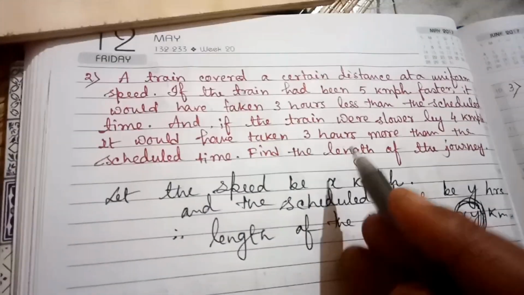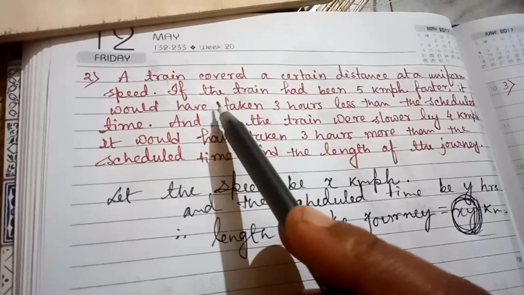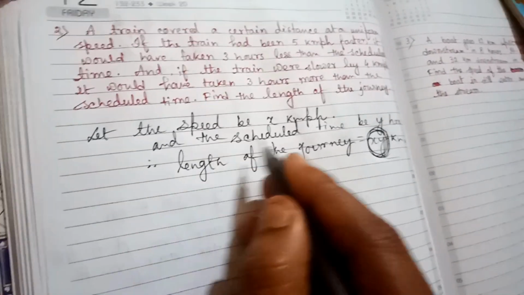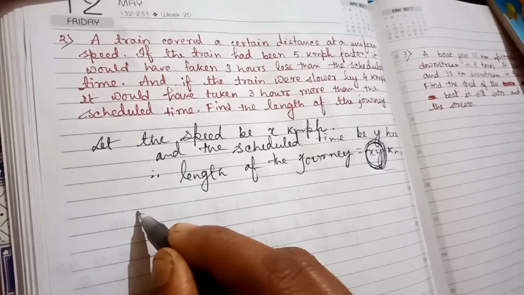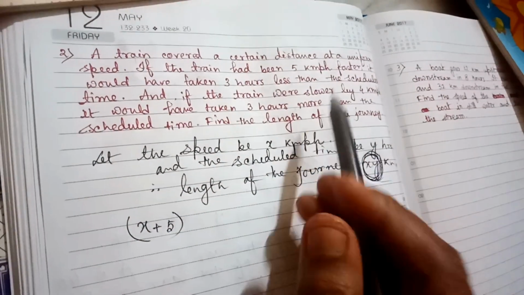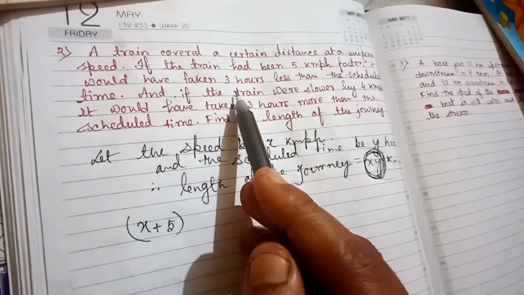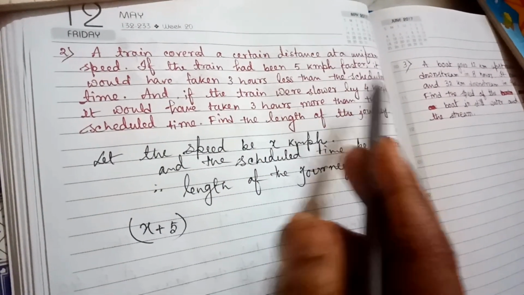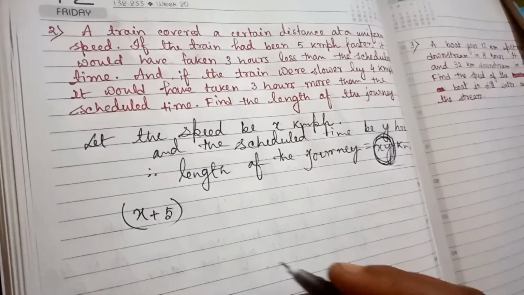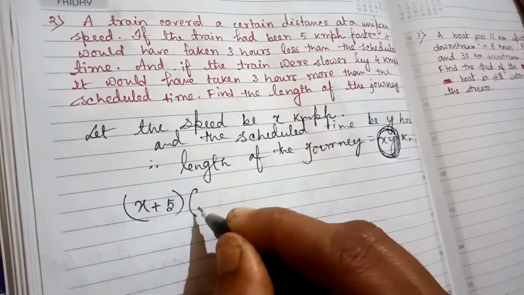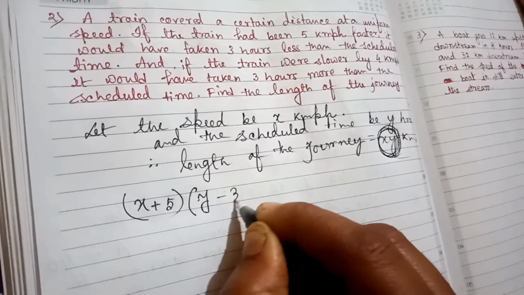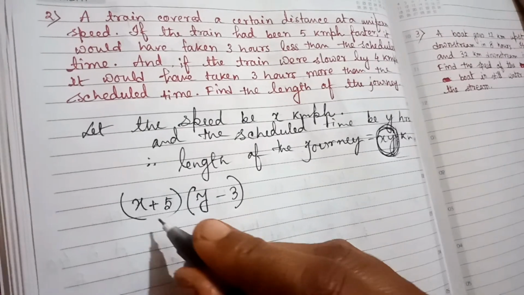Now coming to the conditions given. If the train had been 5 km faster, that means the new speed is x plus 5. It would have taken 3 hours less than the scheduled time. That means y is the scheduled time, so it will be y minus 3.